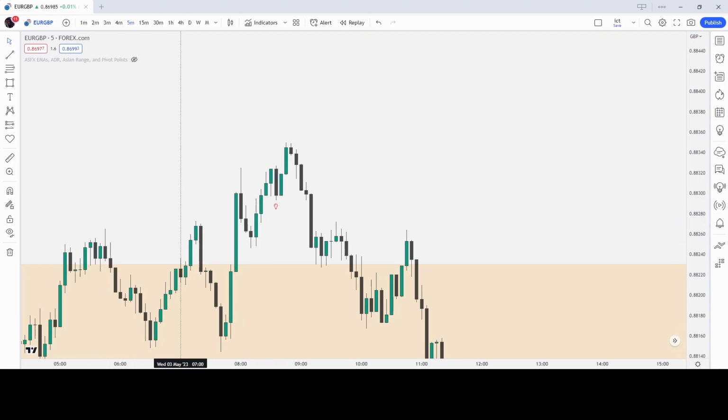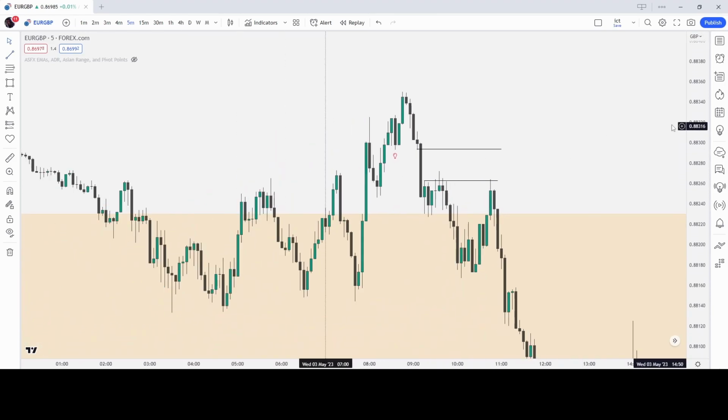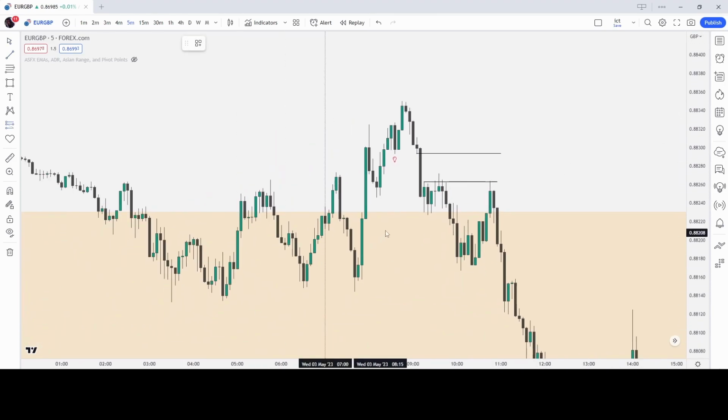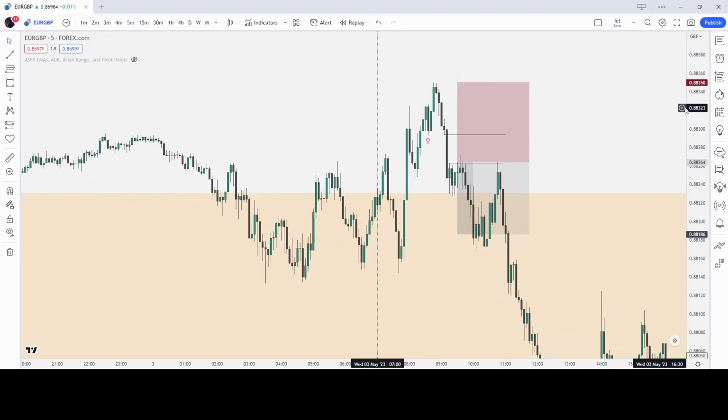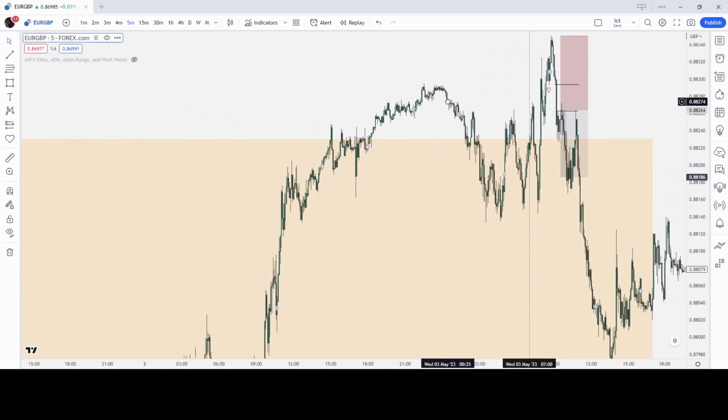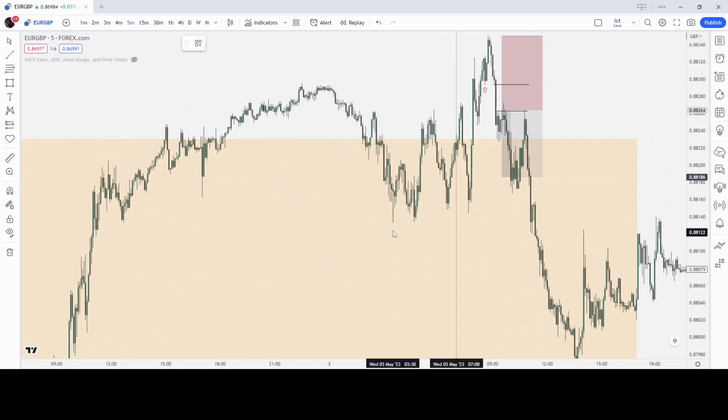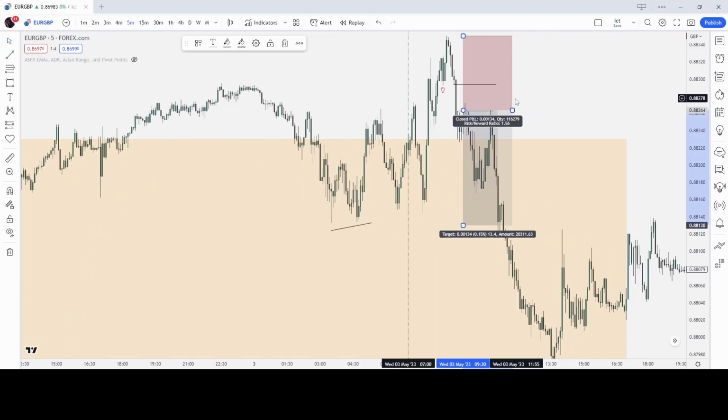So I felt confident on a retracement into this fair value gap. We got it, and I took sells here from this point. As soon as we retouched the fair value gap, I put my stop loss above this high, and I aimed for these equal lows here, which is a nice target, 1 to 1.5.